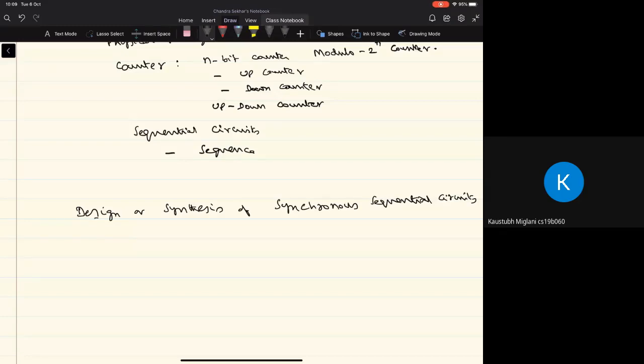The kind of circuits where the control signals can be different for the different flip-flops in the circuit are what are called the asynchronous circuits, but that's outside the syllabus of this course. So we'll be focusing only on the synchronous sequential circuits where there is a single control signal which controls the flip-flops in the given circuit. So we'll come back to it later.